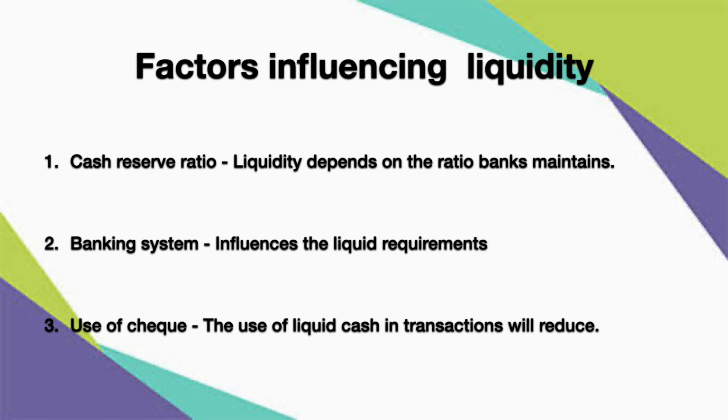There's just a small trick: the second ratio is CRR, cash reserve. In that middle word, reserve, it says Reserve Bank of India. That way you can remember that CRR is a percentage kept with the Reserve Bank of India. The opposite, SLR, is the percentage kept with the bank itself.